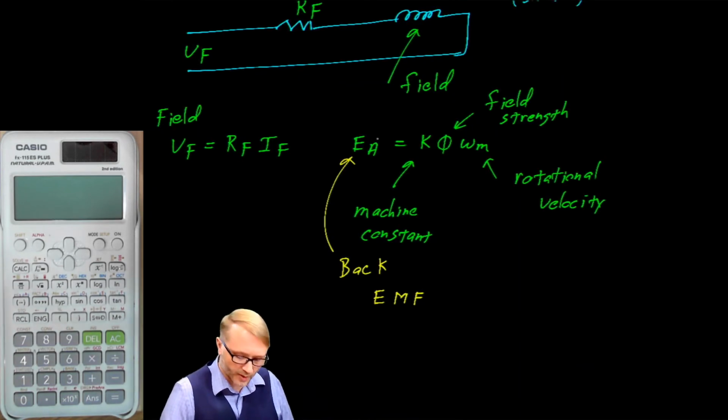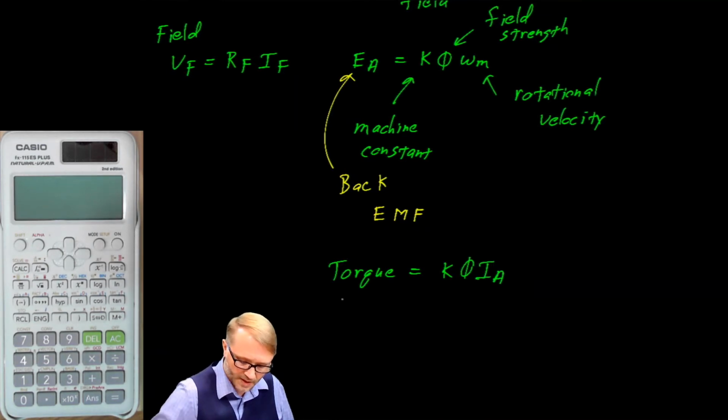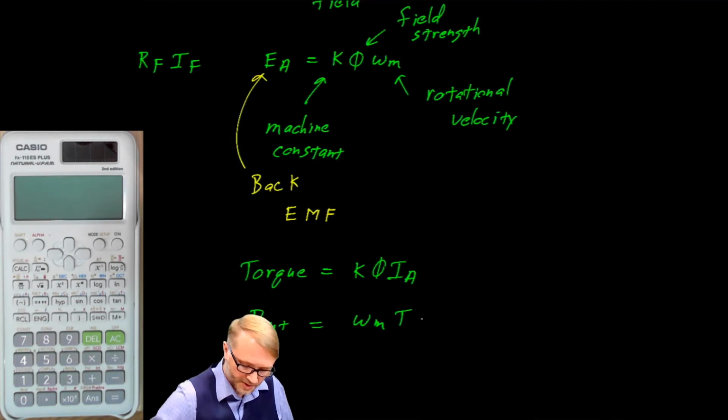Here's a few more equations for you. The torque on this machine is the motor constant by phi by the current in the armature. The power output of the machine is the velocity, omega m, by the torque, which for our purposes will be foot-pounds by RPM divided by 52.